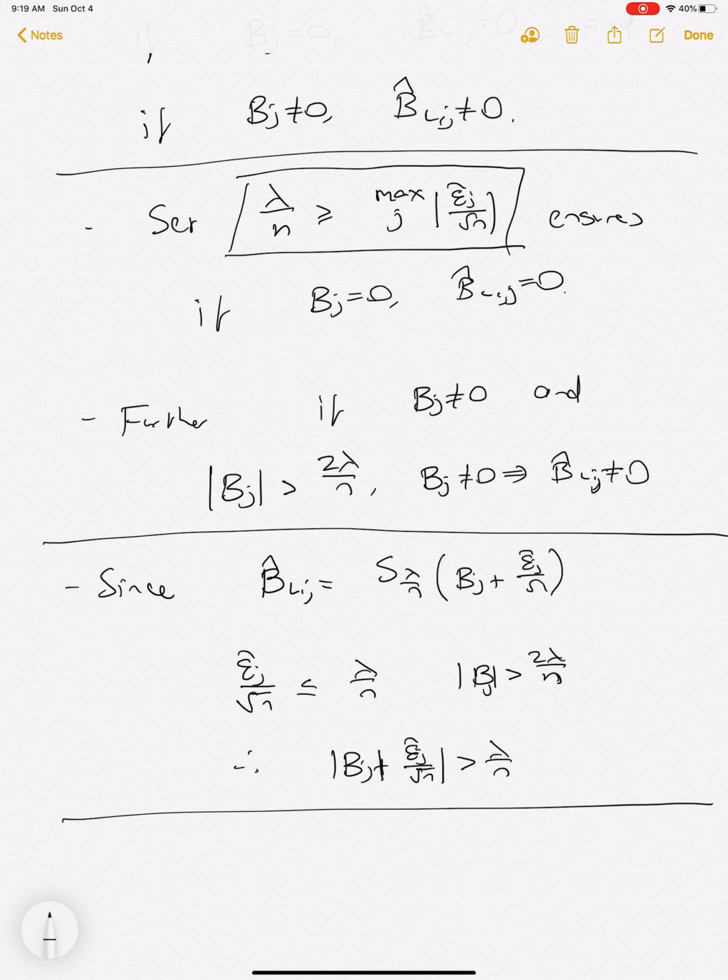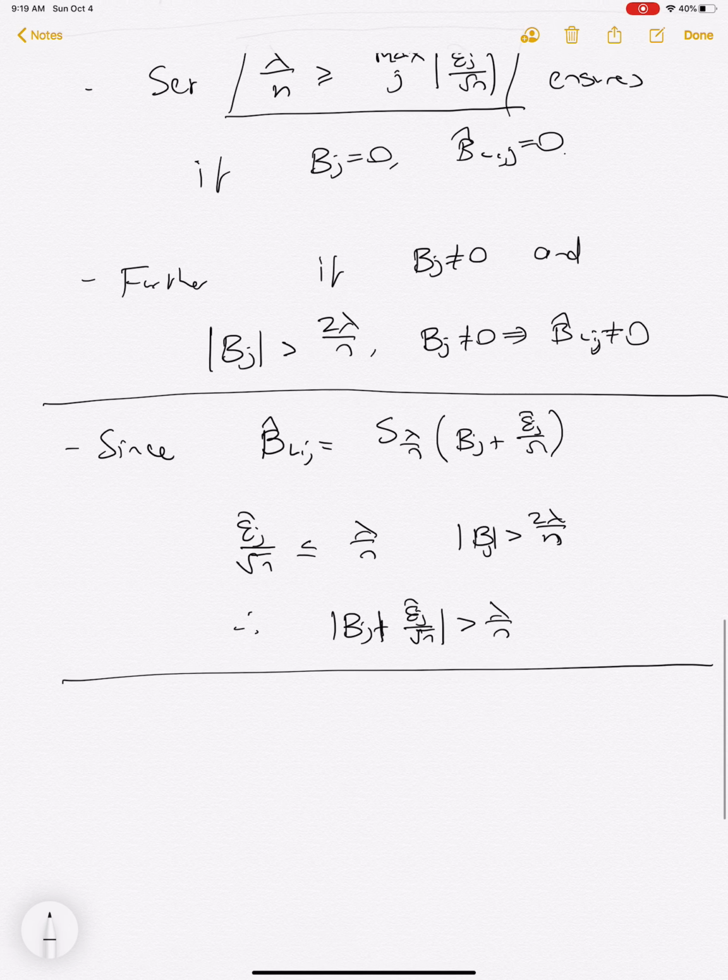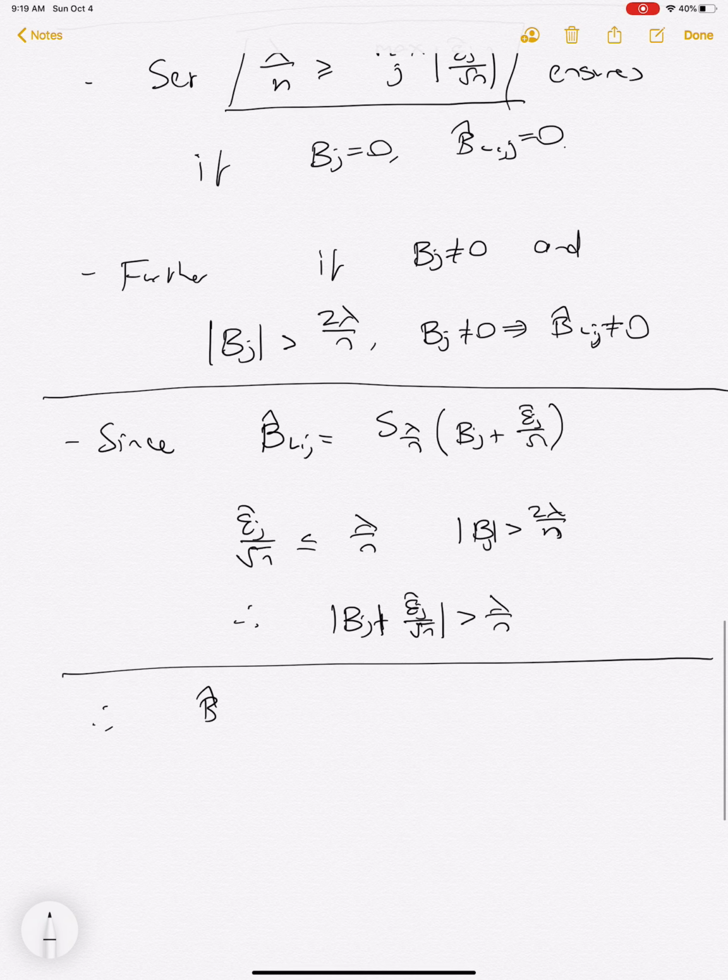If we know that epsilon tilde j over square root of n is less than or equal to lambda over n, and then we impose the condition that bj is bigger than 2 lambda over n, that ensures that the absolute value of bj plus epsilon j over square root of n is bigger than lambda over n. And so therefore we know that b hat lj is not 0 if epsilon j over square root of n is less than lambda over n and the absolute value of bj is bigger than 2 lambda over n.